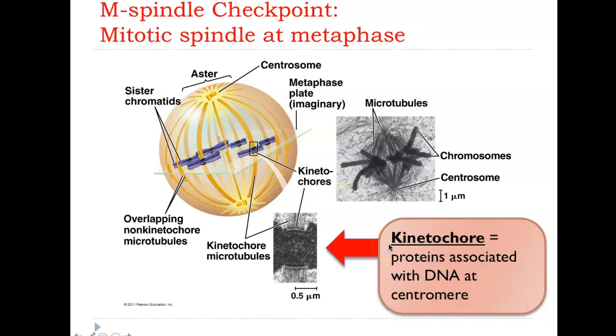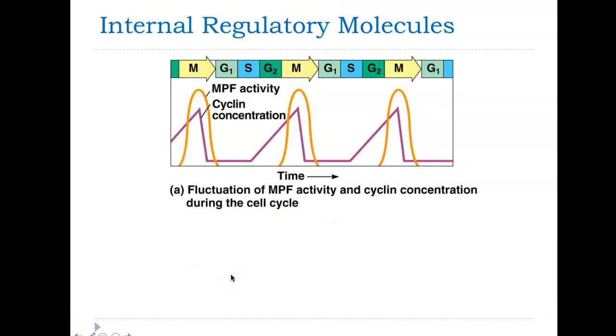So really all this picture is showing you is, again, what I showed you a minute ago: kinetochores are little proteins on the chromosomes that attach them to the spindles. Make sure that they're attached correctly, because if they're not, you could end up with a cell that has an extra chromosome. And we're going to talk all about the disorders that can result from that.